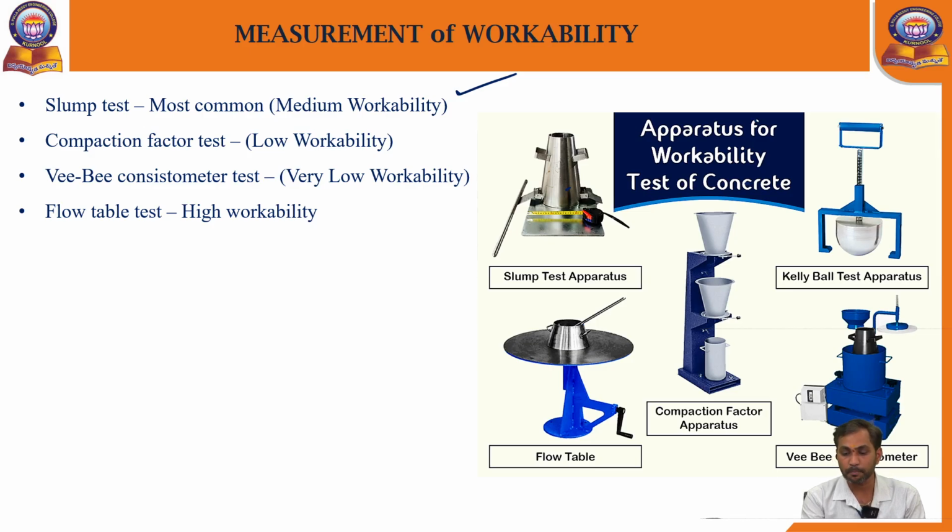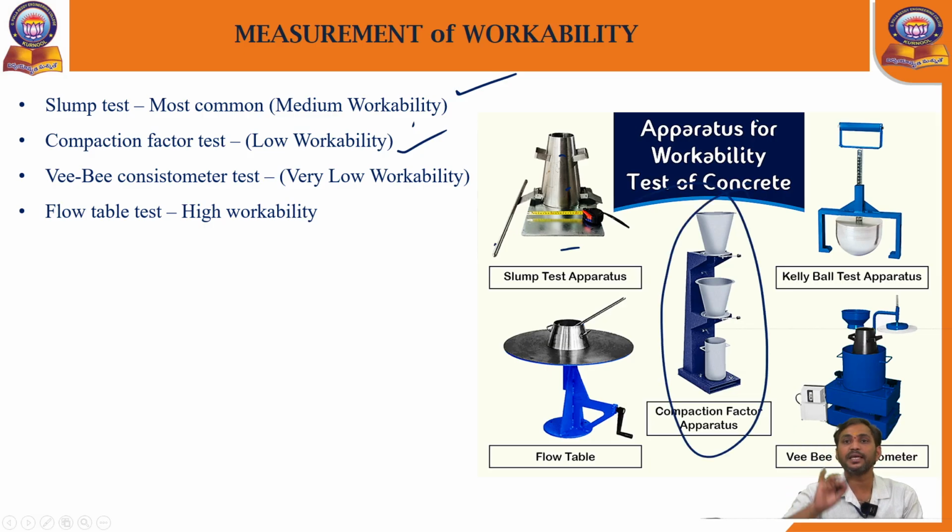For the slump test, the apparatus we need are the slump cone, the tamping rod, the base plate, and also the scale. The compaction factor test apparatus is easily fixed in a laboratory, but the slump cone test apparatus we can carry in the lab and also in the field.